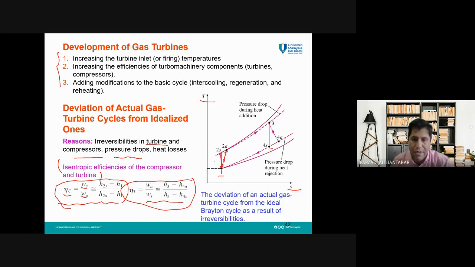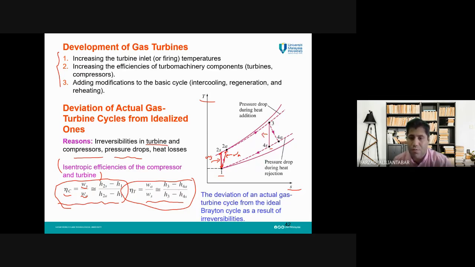Here Ws is for the isentropic compressor, but here Wa is for the actual compressor. Simply we can calculate it: H2S minus H1, the change in the enthalpy. And how about the actual process in the compressor? H2A minus H1. By the same procedure for the turbine, H3 minus H4A will give us the actual work output.